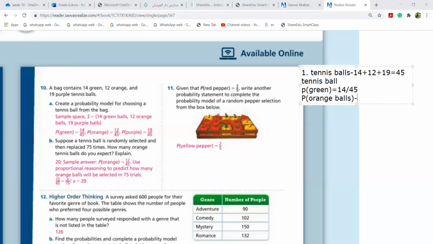Read the question. A bag contains 14 green, 12 orange, and 19 purple. So what is the probability model for orange balls? 12 over. You have to say over. If you don't say over, it is not probability. 12 over what?